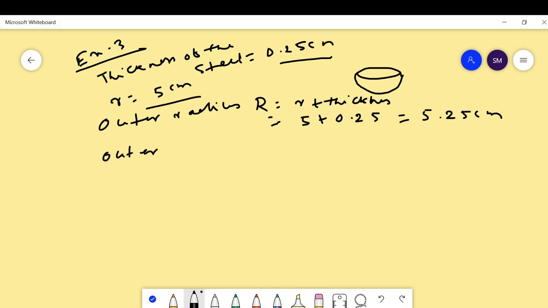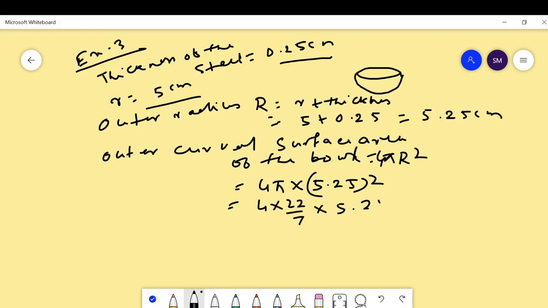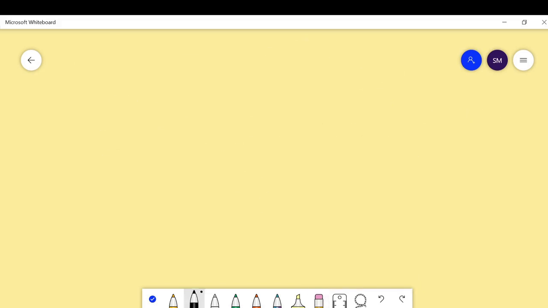The outer curved surface area of the bowl is equal to 4 pi r square, which is equal to 4 pi into 5.25 whole square, which is equal to 4 into 22 upon 7 into 5.25 into 5.25, which is equal to 346.5 centimeter square.